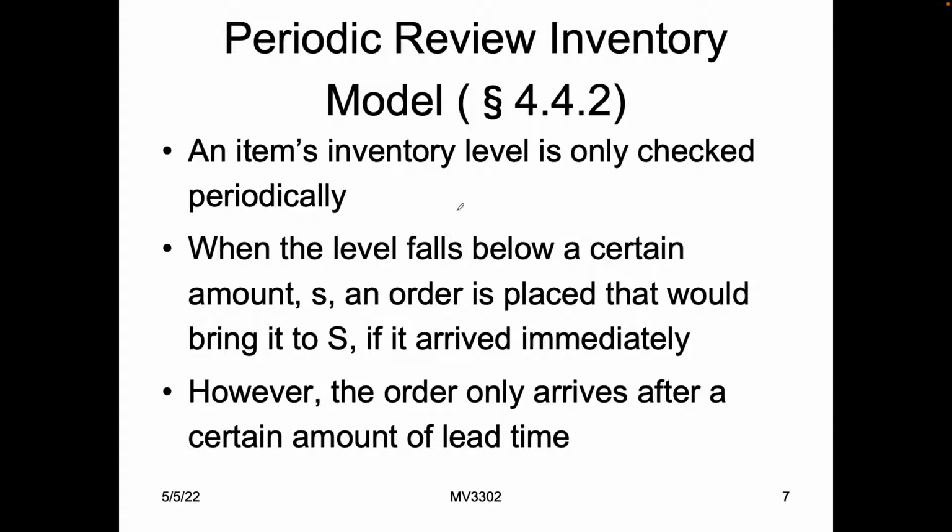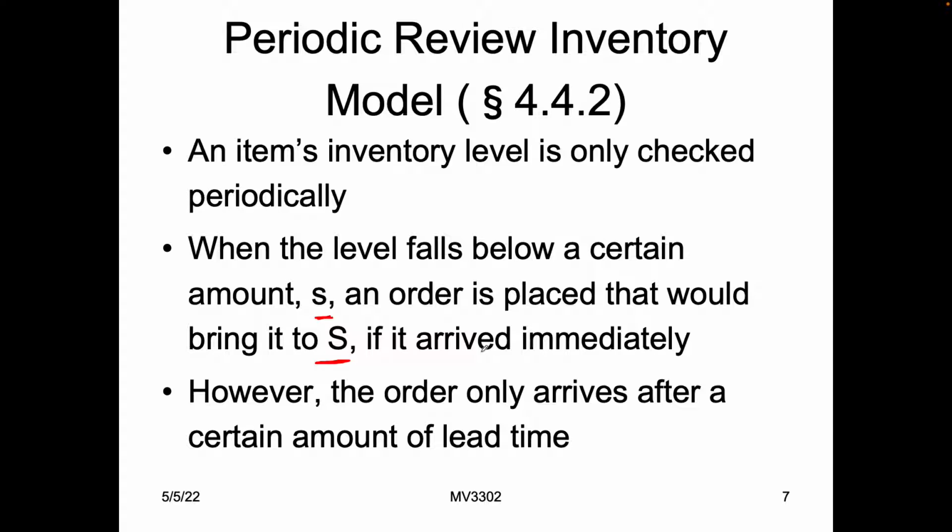But the rule that we're going to follow is that when we check it, if it falls below a certain threshold, little s, which is often called the reorder point, then we place an order to replenish it that would bring the total inventory we have up to some big S value if it arrived immediately.